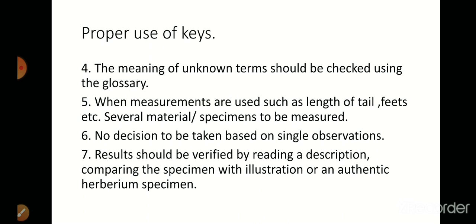For example, when we find an unknown organism and use the taxonomic key and find that it belongs to the class mammals, we have to know what actual characters are possessed by mammals for the identification. So this identification is based on these characters of mammalia.